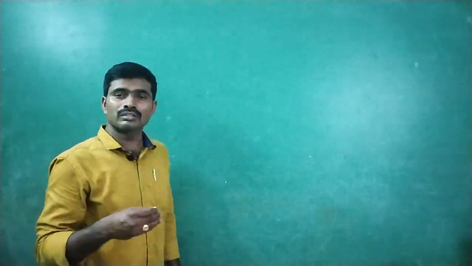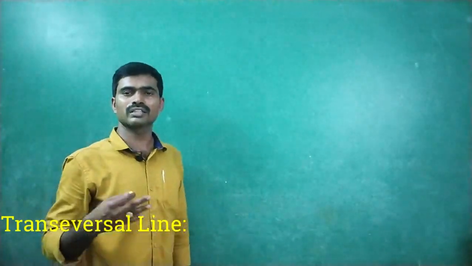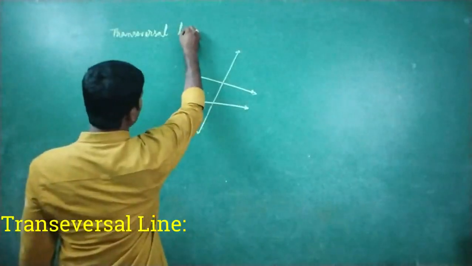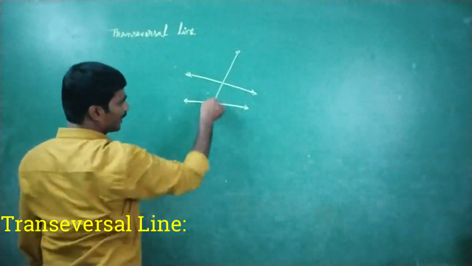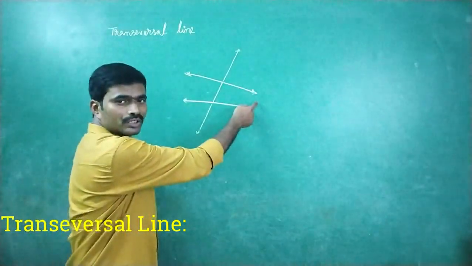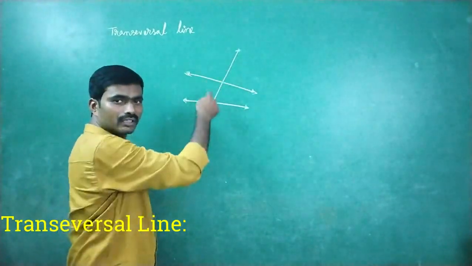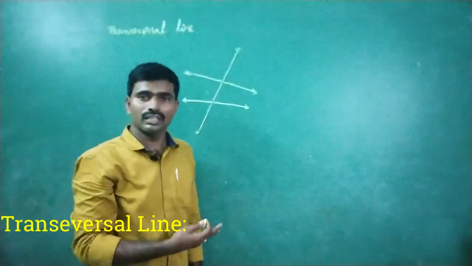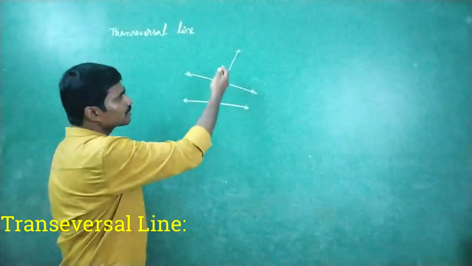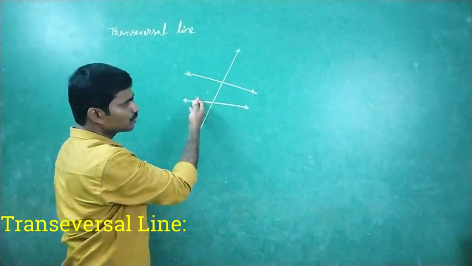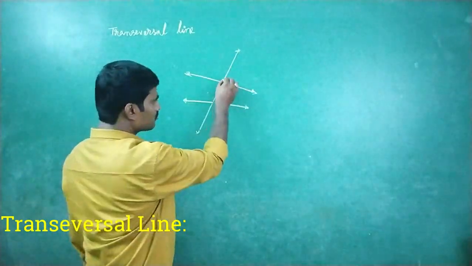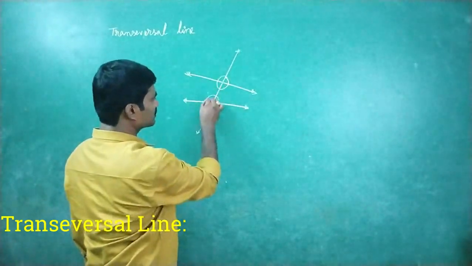Next, transversal line. What is a transversal line? If a line intersects two lines at two distinct points, then the line is called a transversal line. This transversal line with these two lines forms 8 angles.